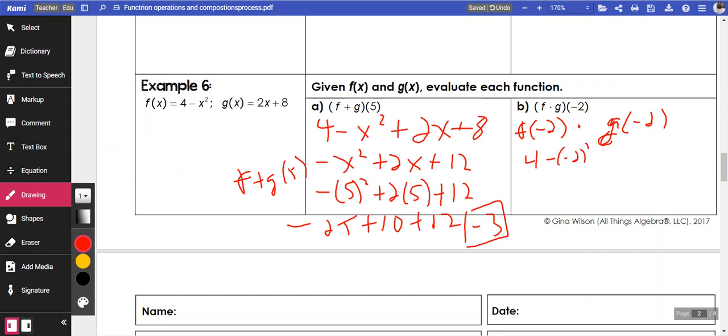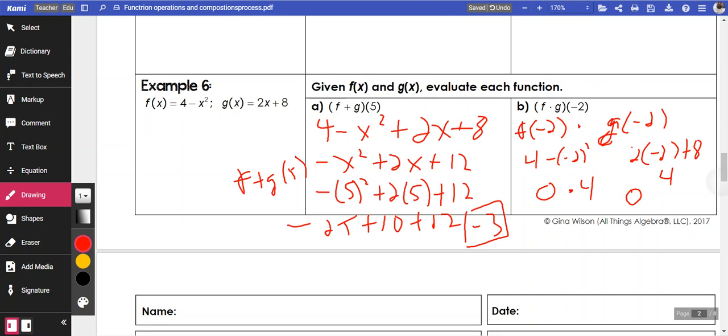And if I find g of negative 2, I get 2 times negative 2 plus 8. When I do 4 minus negative 2 squared, I get 0. And I'm going to multiply that by, if I do this guy, I think I get 4. So 0 times 4 is 0. So either one works, but it's pretty easy.